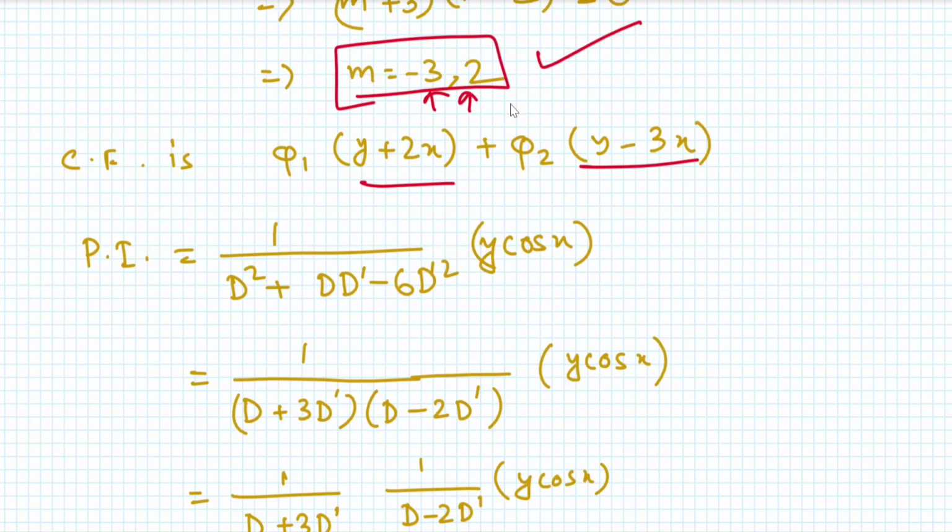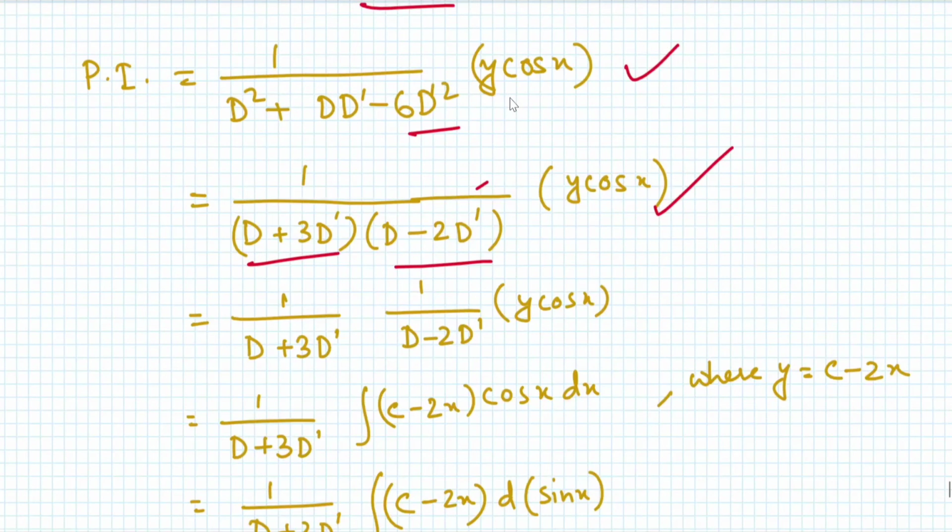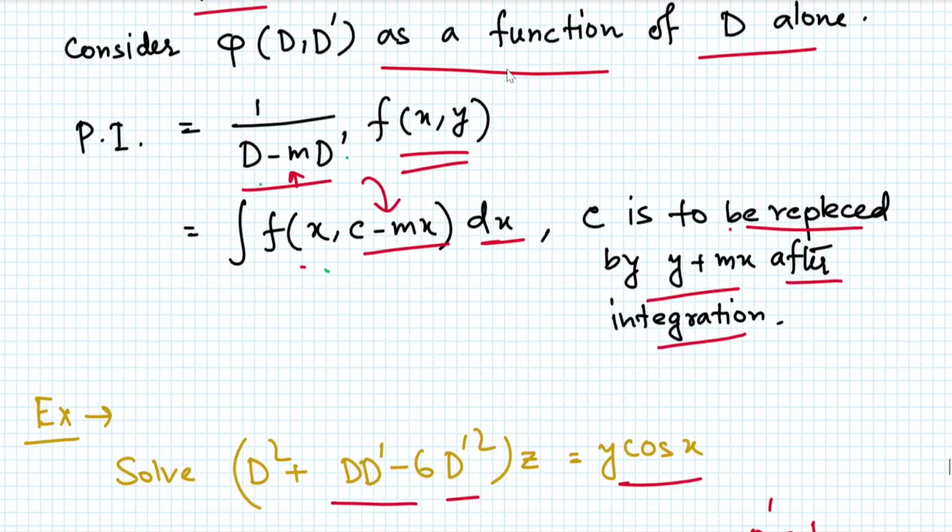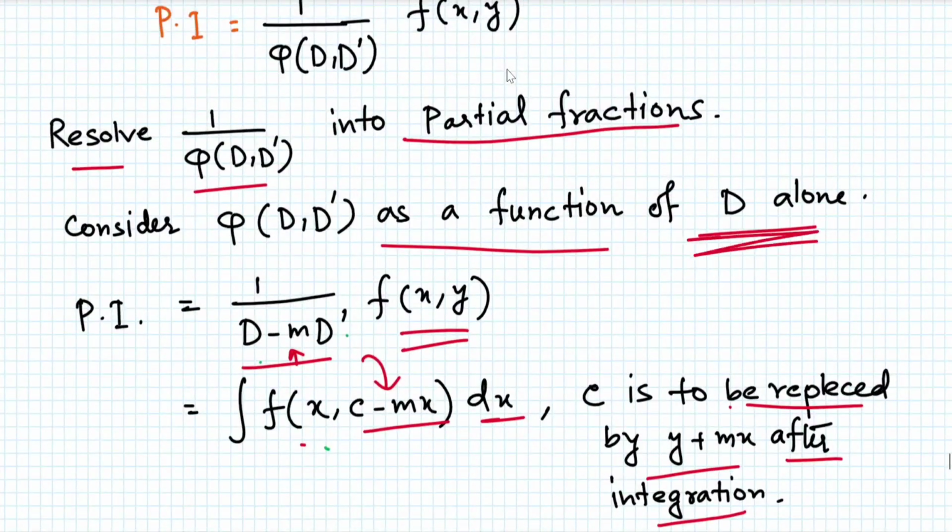Now the particular integral equal to 1 by d square plus d d dash minus 6 d dash square of y cos x. This is equal to, in partial fractions, 1 by d plus 3 d dash times 1 by d minus 2 d dash of y cos x. If we operate first this operator, d minus 2 d dash, we consider d dash as a constant and operate as a function of d alone.